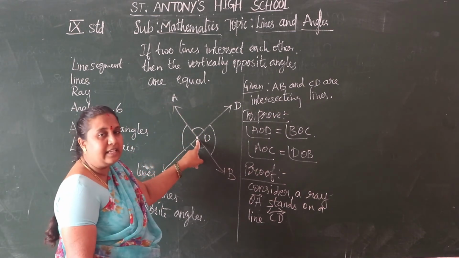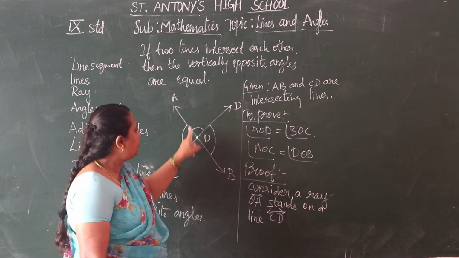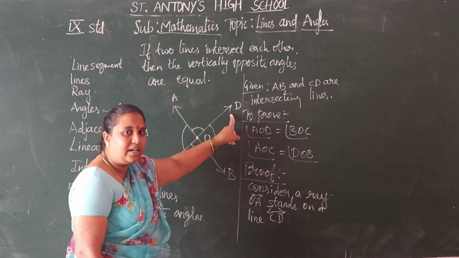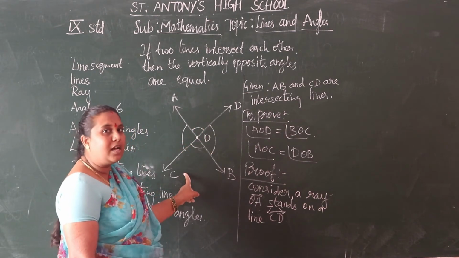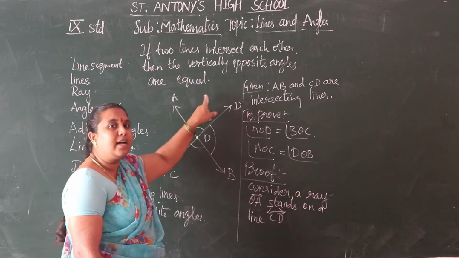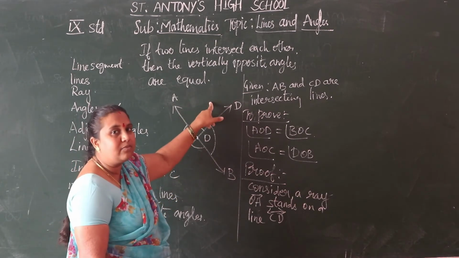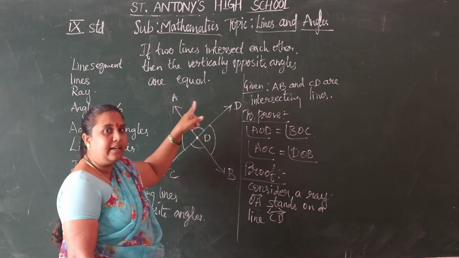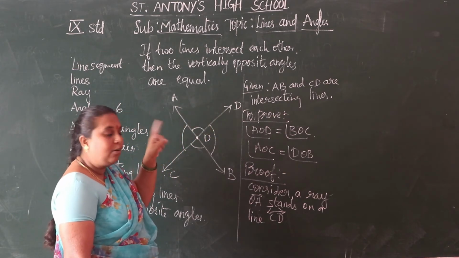Adding these two angles, we get CD as a straight line. The non-common arms form a straight line, so we can say these two angles are a linear pair. The sum of a linear pair of angles is 180 degrees.